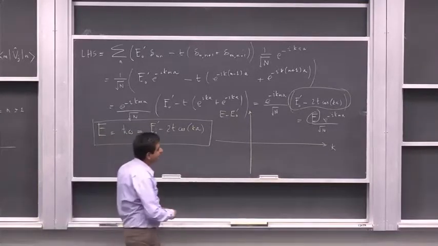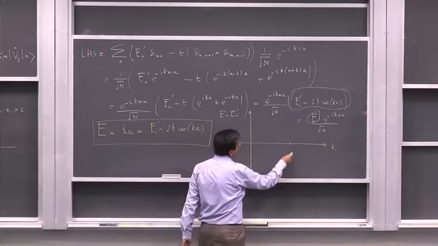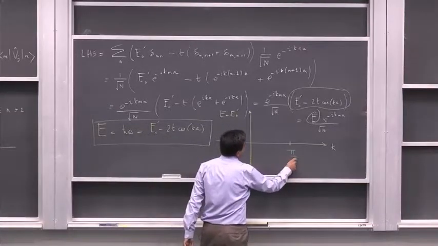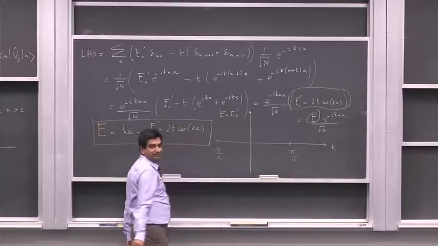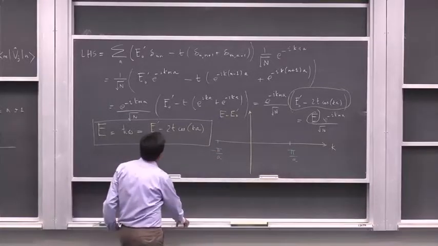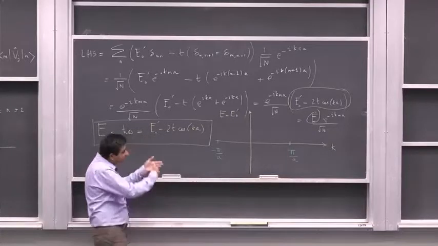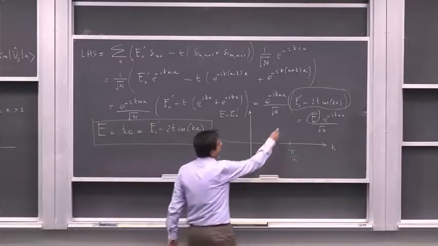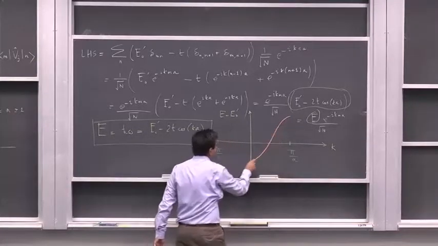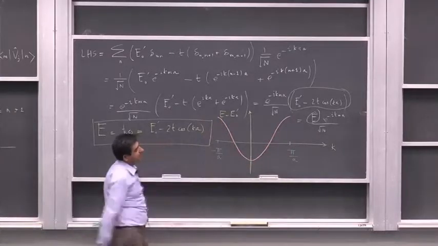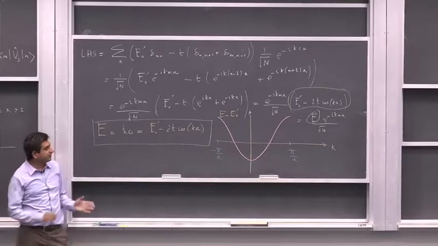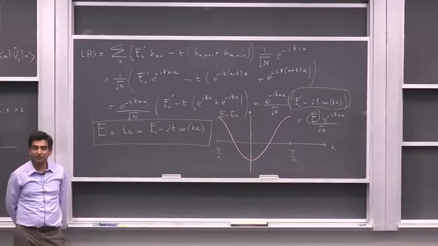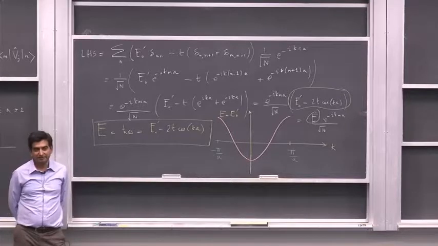And when I make these plots, I plot in the first Brillouin zone. This is pi over a, this is minus pi over a. And when I draw this plot, I get a cosine function which is inverted. I get this. So this represents my dispersion relationship for a tight binding chain.